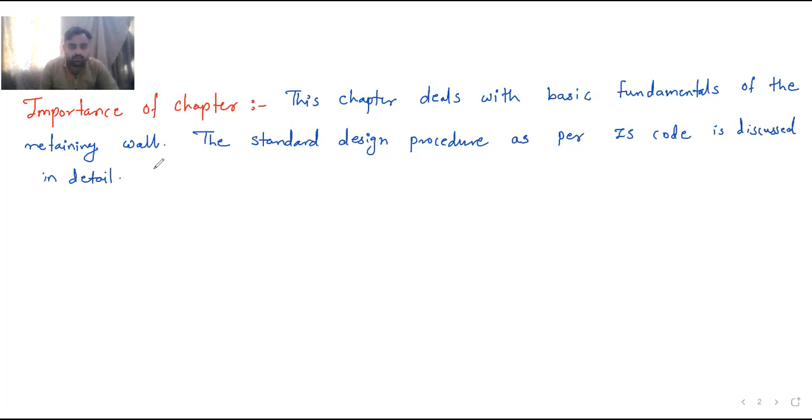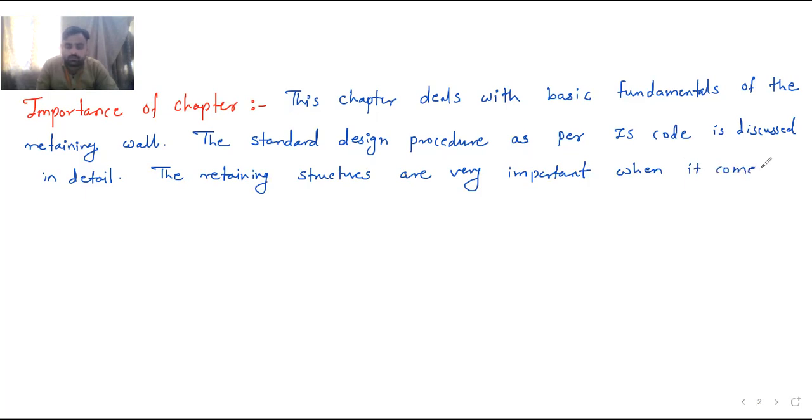The retaining structures are very important when it comes to larger civil engineering projects.